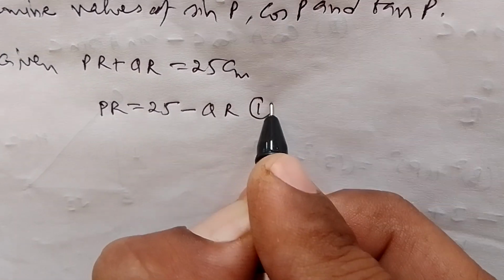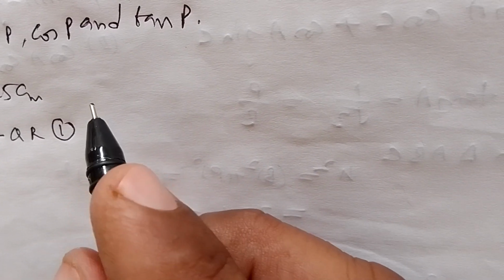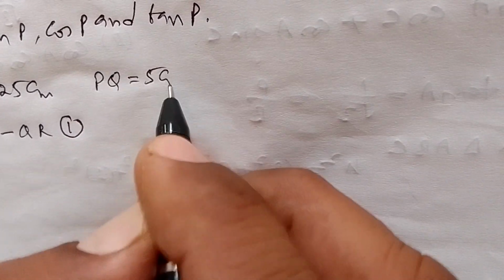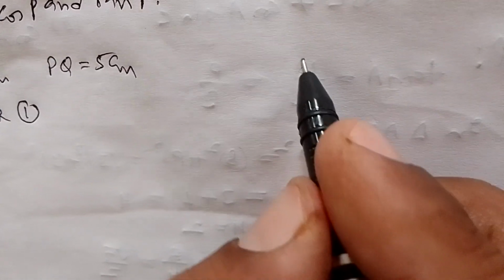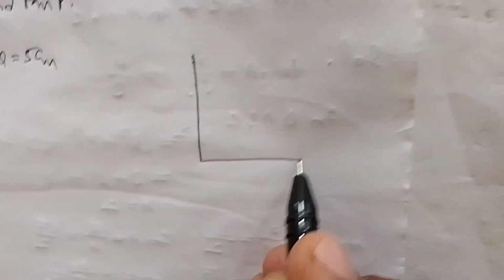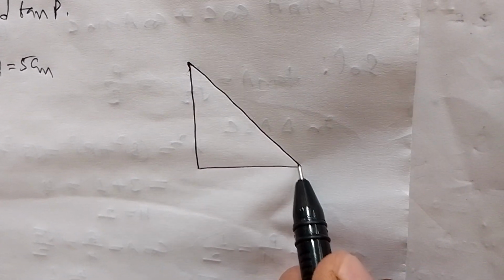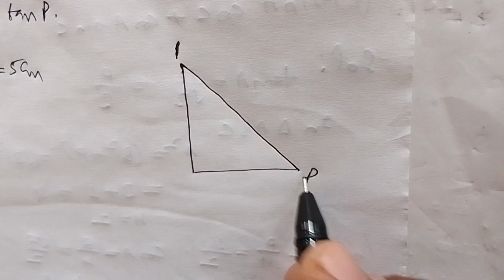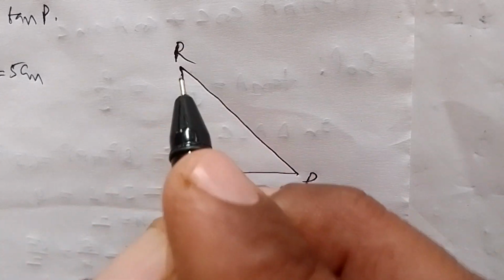Note it as equation 1. Now we have the second known value, that is PQ equal to 5 centimeter. So we will make the triangle as this: P, Q, R.